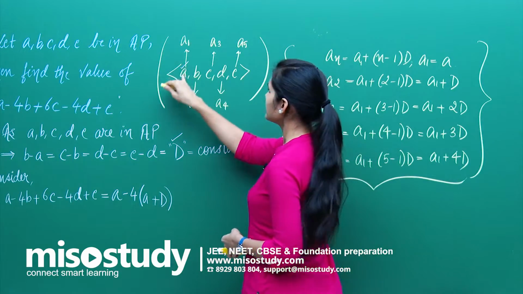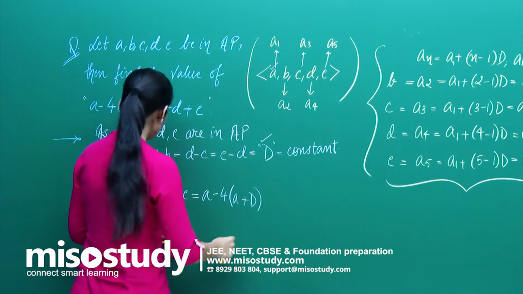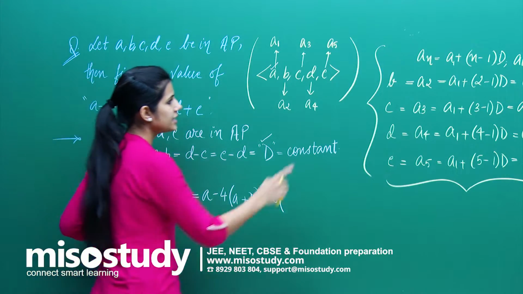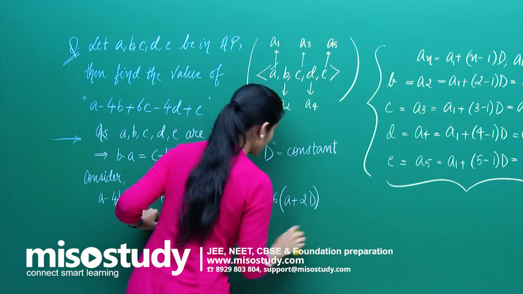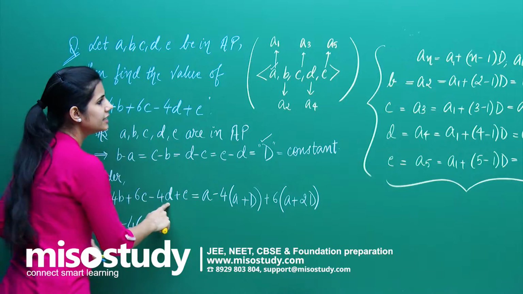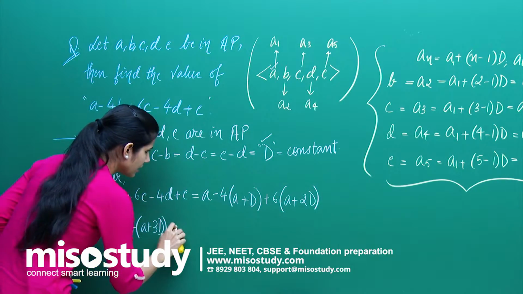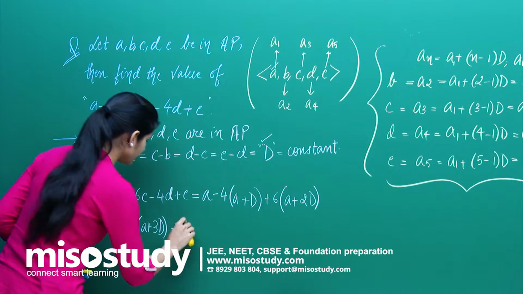So this becomes 4 times a plus d, plus 6 times c. C is a plus 2d, minus 4 times d. D is a plus 3d, plus e. E is a plus 4d.